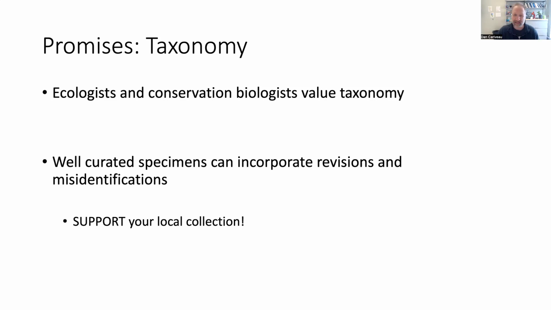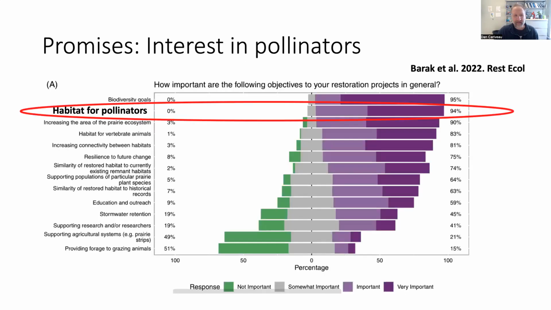One of the things I do hope is that in 100 years from now, there's a scientist up here that is talking about some sort of pattern that they were able to uncover because scientists of today did such a good job supporting collections.